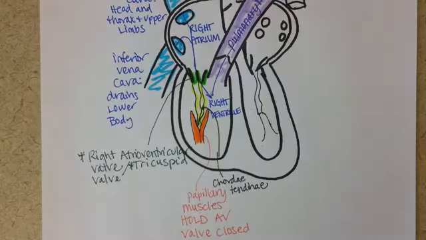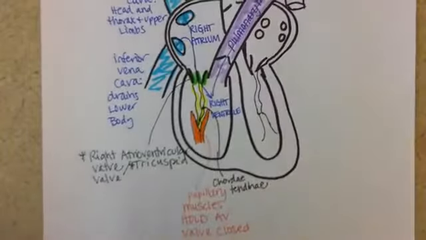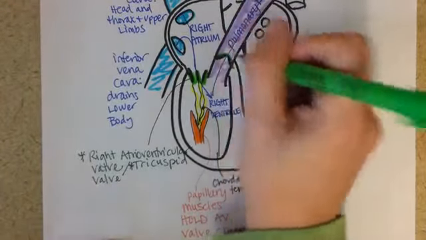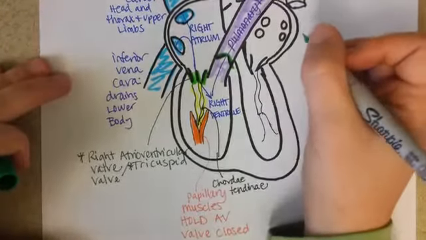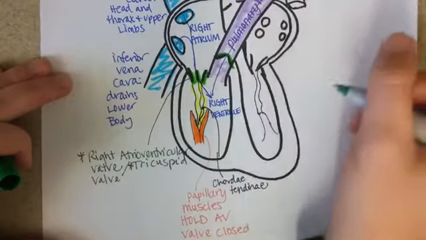And then the blood goes up and through the semilunar valve. And this is the pulmonary semilunar valve.